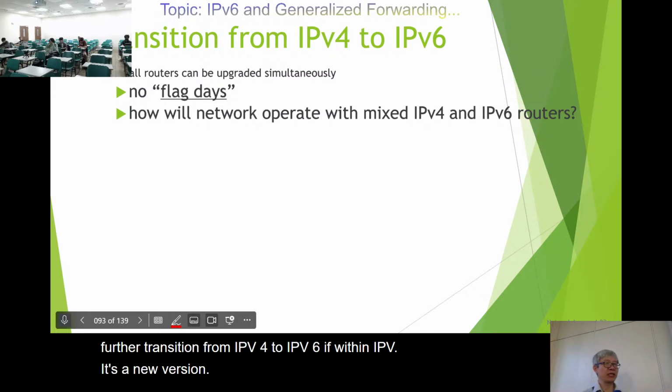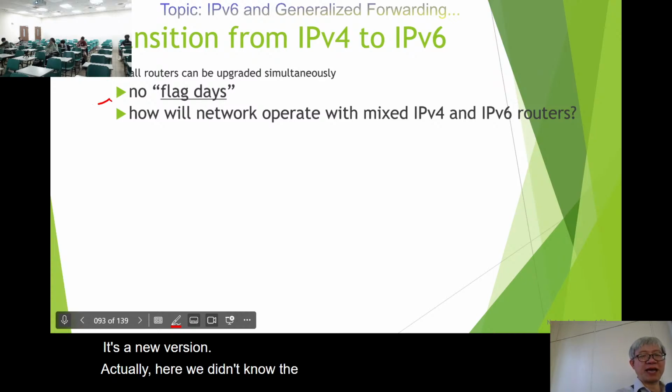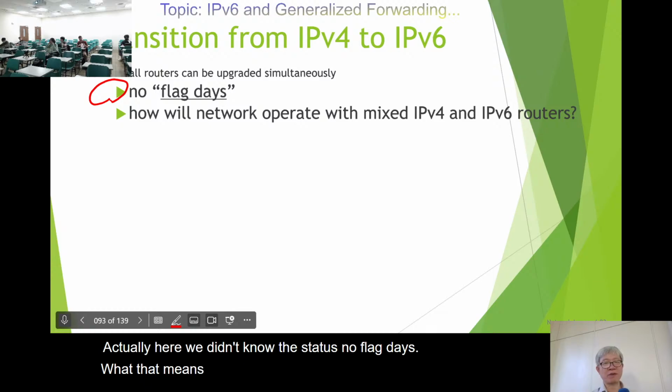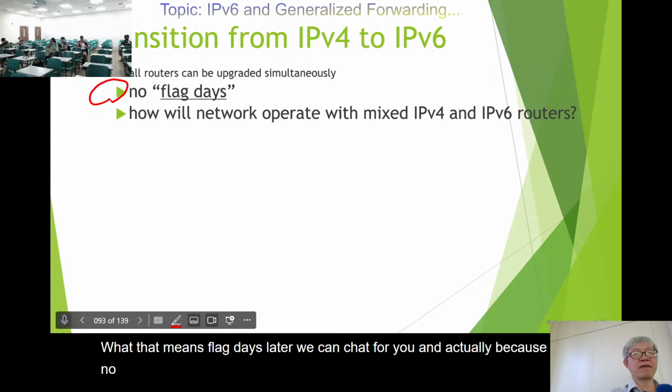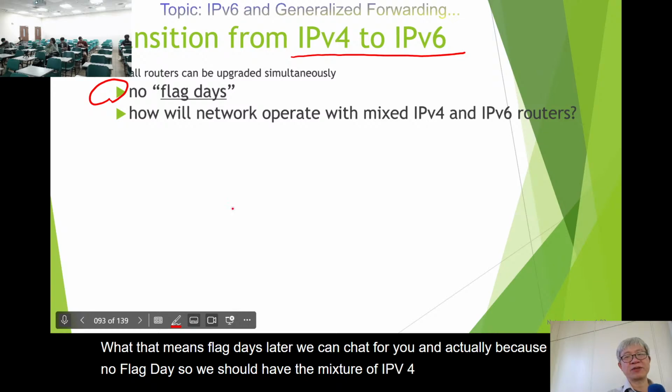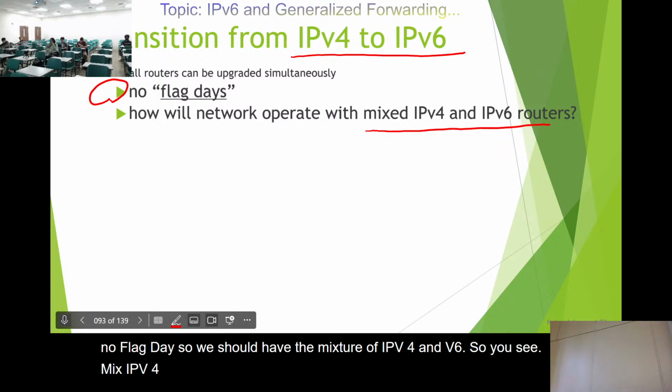Well, actually, here we don't know the status. No flag days. What flag days means, later we can check for you. And actually, because of no flag days, we should have a mixture of IPv4 and IPv6 routers. They should coexist.